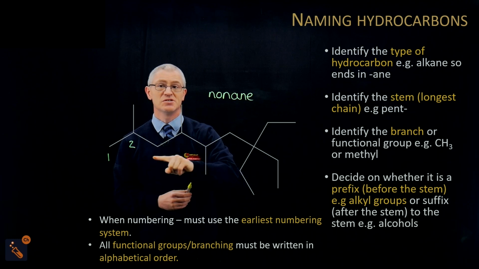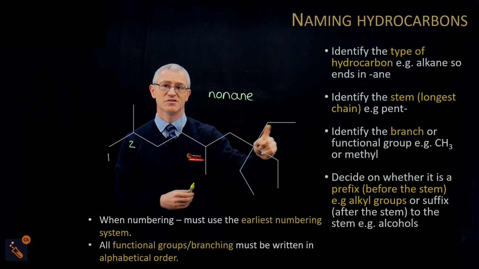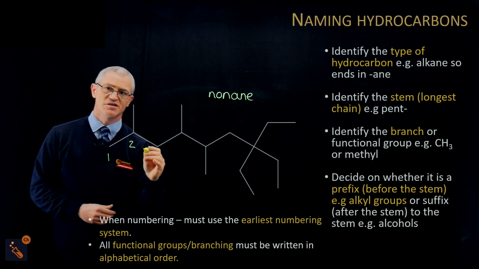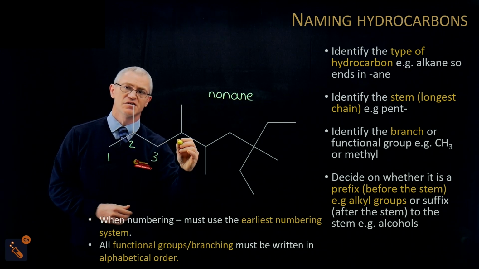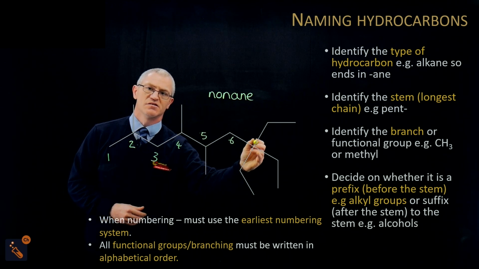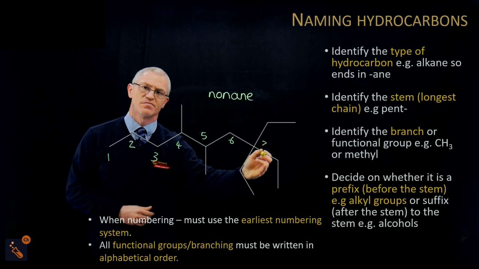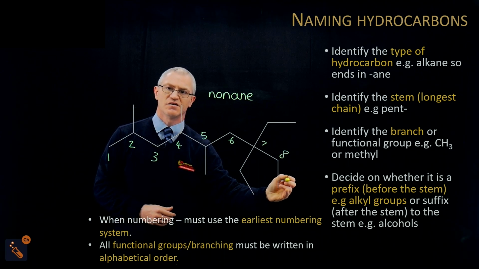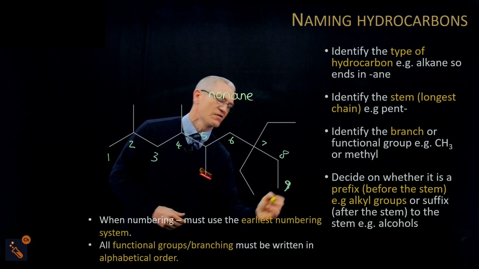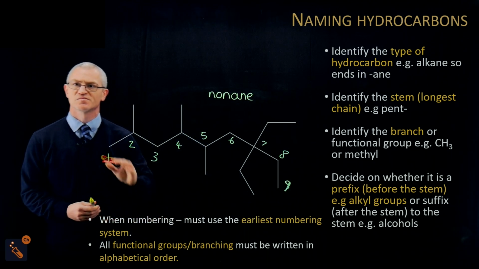The earliest number is 2, it's not 3. These ethyls are coming off number 3. So we're going to go with 2. So then from this bit, you go 3, 4, 5, 6, and there's your 7, and there's your 8, and there's your 9. So we've got 9 long.